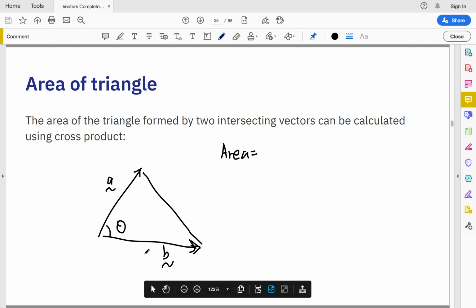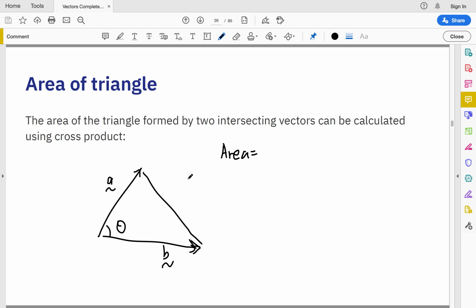Okay, so there's one more thing about cross product I would like to mention. The area of a triangle, as we have all learned in secondary school, is equal to half AB sine of the angle in the middle. Do you realize this portion here looks very familiar? This portion is equal to something like our cross product.